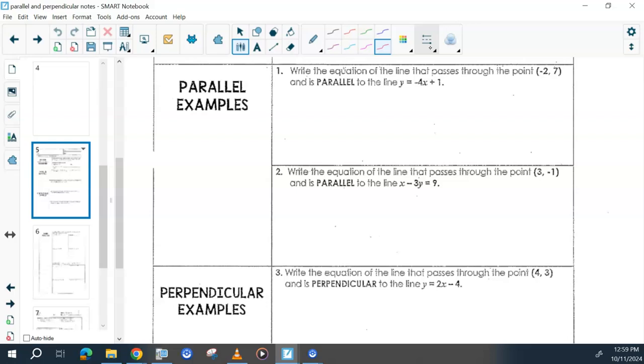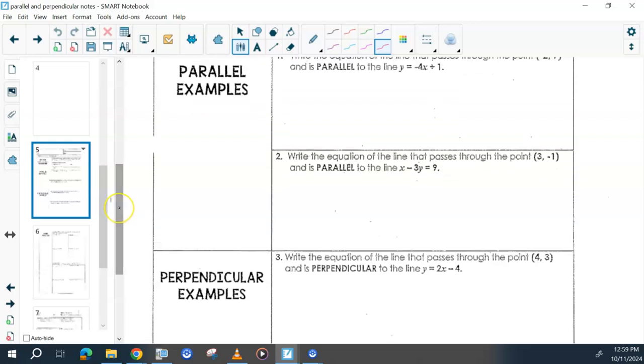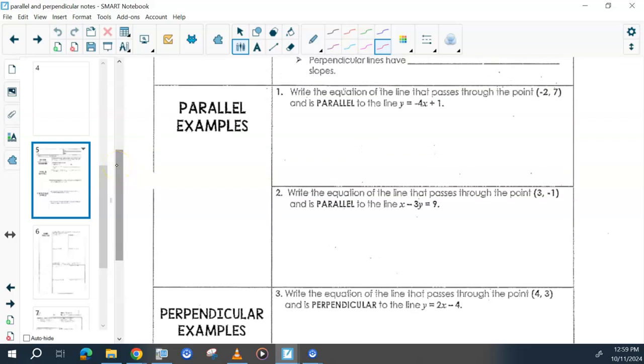Okay. So in number 2, you can sit up here, if you can see, or right here. Okay, great. The point slope form? Yes, it is.